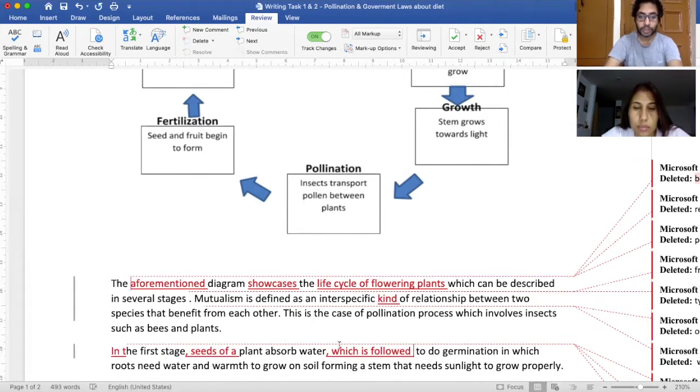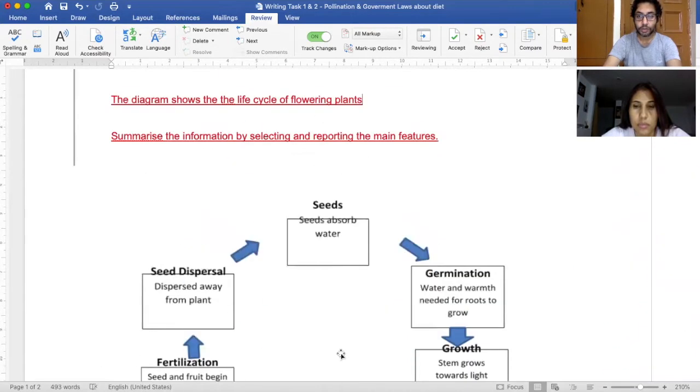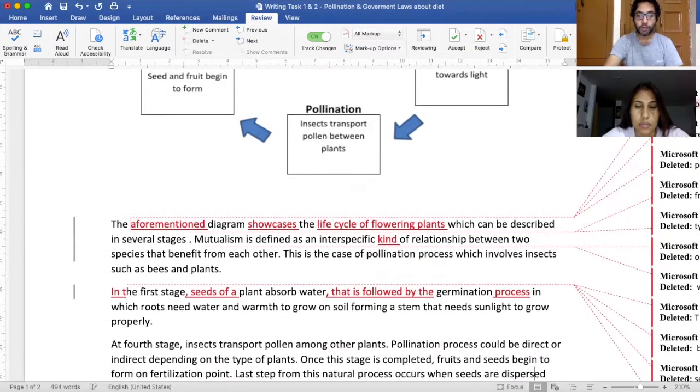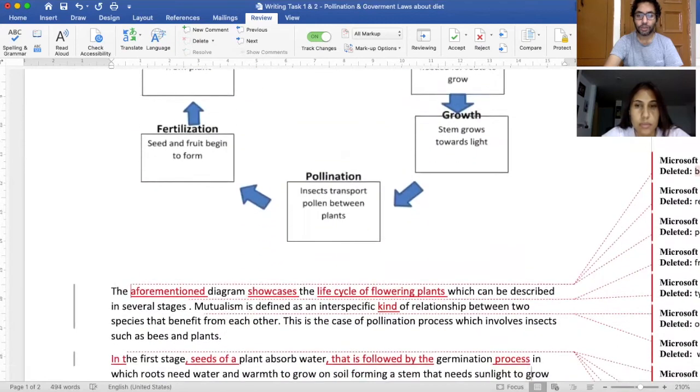Or you can say, which is being used there. So that is followed by the germination process, in which roots need water and warmth to grow on soil. Water and warmth, to just grow. Why on soil?